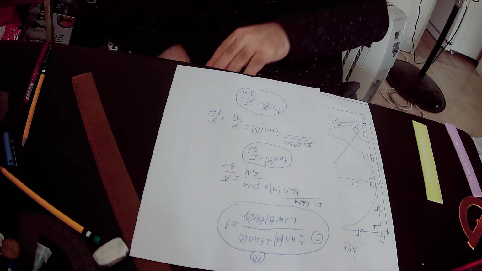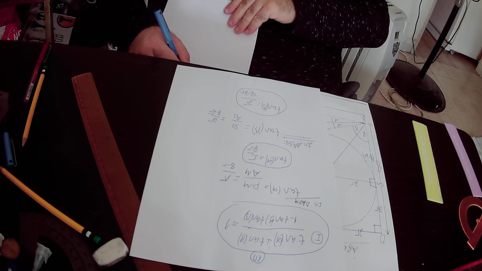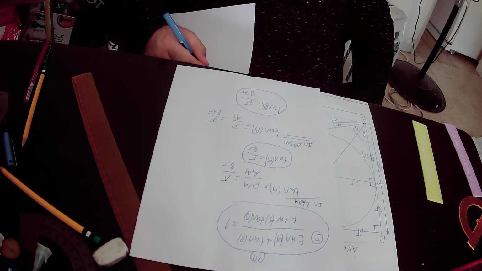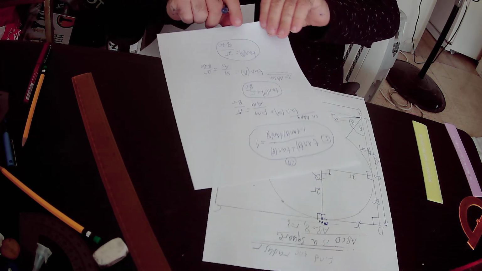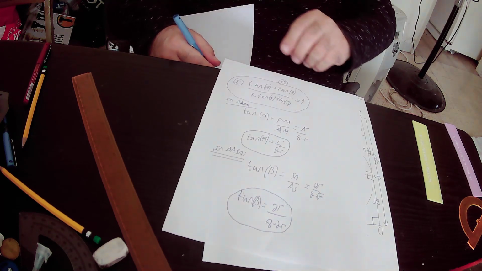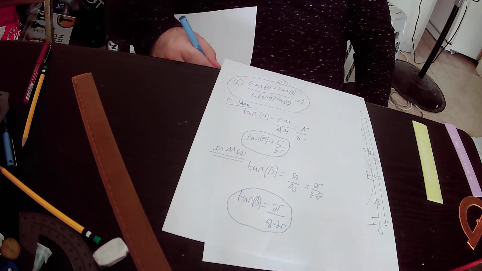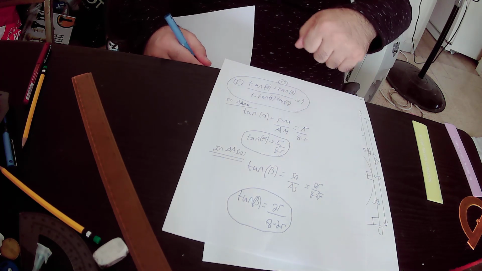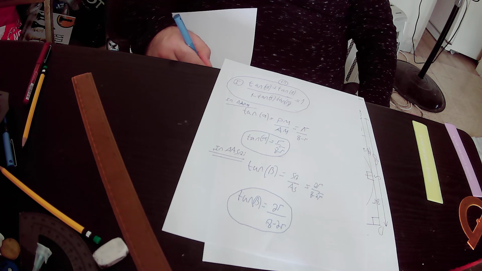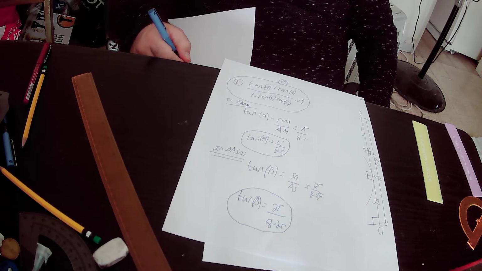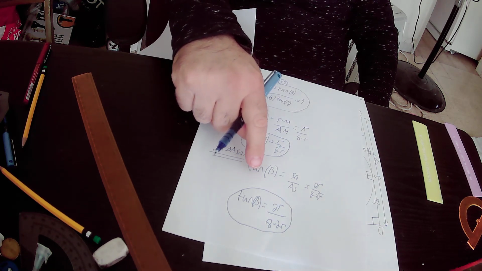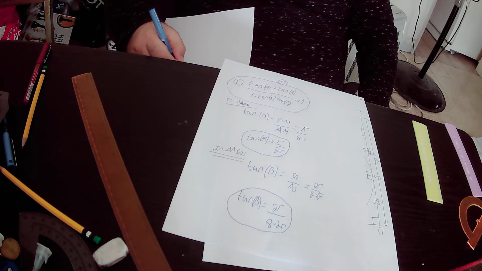Okay? So we will do it now. In equation number 1 we have tangent alpha, and we have already found out that tangent alpha equals R over 8 minus R, plus tangent beta. According to what we have already found, tangent beta equals 2R over 8 minus 2R.